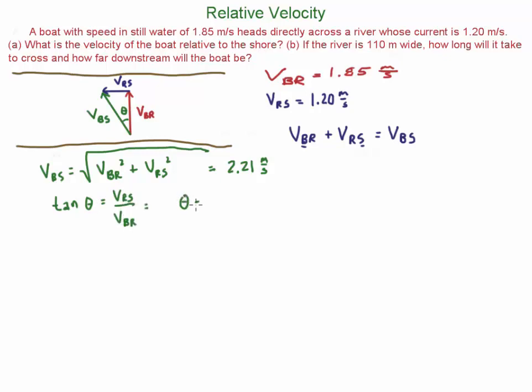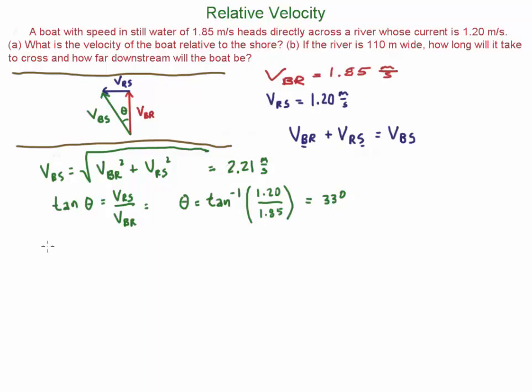The angle itself will be the inverse tangent of those two quantities, and that's 1.20 meters per second over 1.85. And I don't need to write the units because they cancel, and I get 33 degrees. Okay, so now I know the actual heading of the boat, 2.21 meters per second at the 33-degree angle that we've drawn in here.